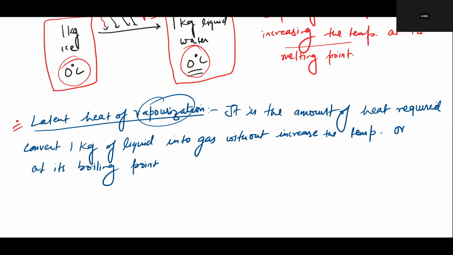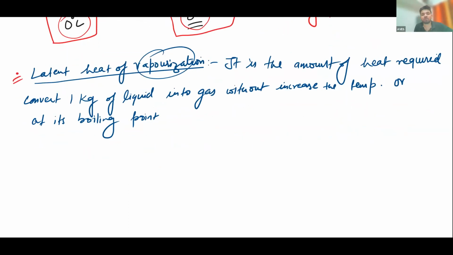Okay. Similarly, when we are converting liquids, for example, if you are boiling water at 100 degrees Celsius, till the whole liquid water gets converted into water vapor, they both have 100-degree temperature. Water boils at 100 degrees.